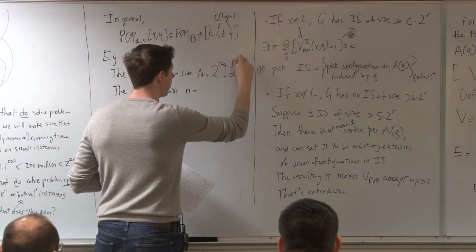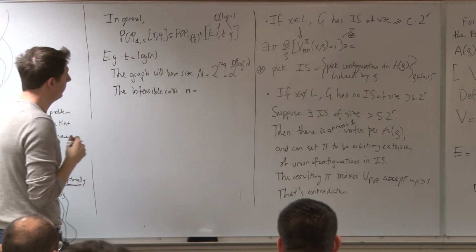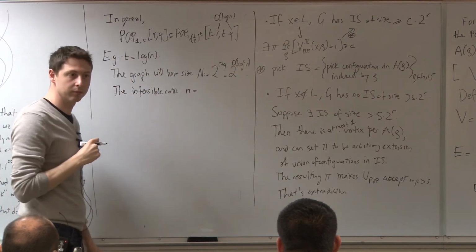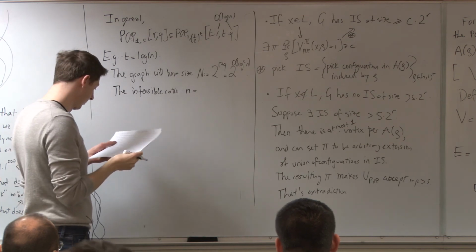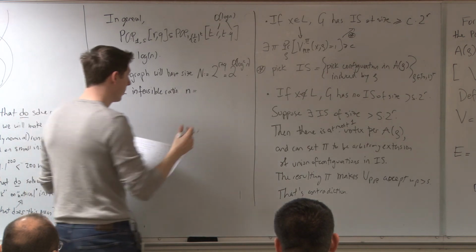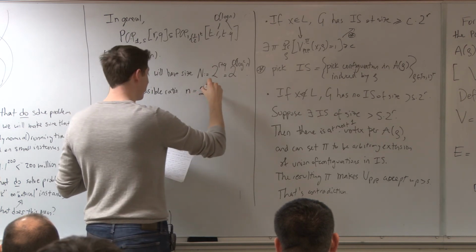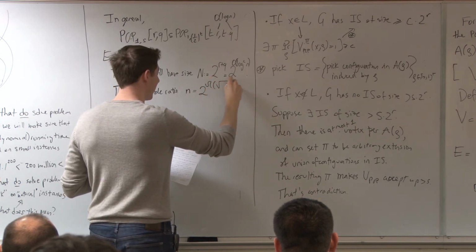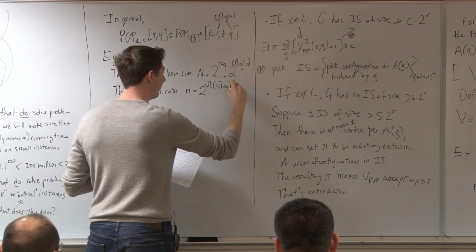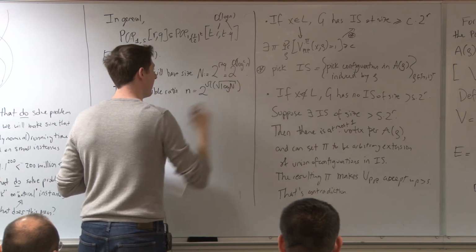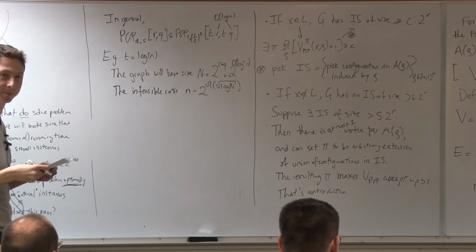Wait, there's an O here. So yeah, there is a square root somewhere, and then here I don't think I can do this on the fly, but you just check it. That's what you would get.